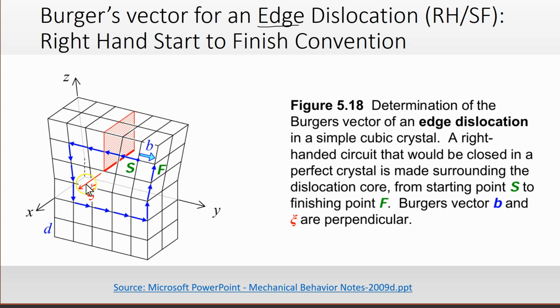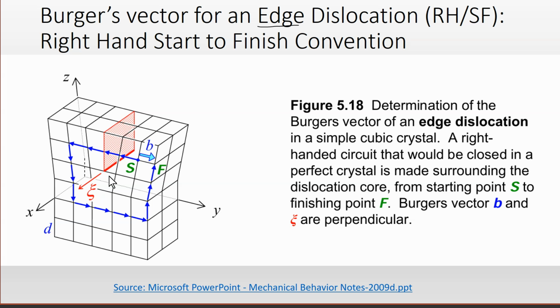And we've been given a direction here. So how do we measure some characteristics of this? One characteristic of this is obviously the line of the edge dislocation, which is shown here, and there's something called a Burger's vector, named after the inventor of this system of notation.